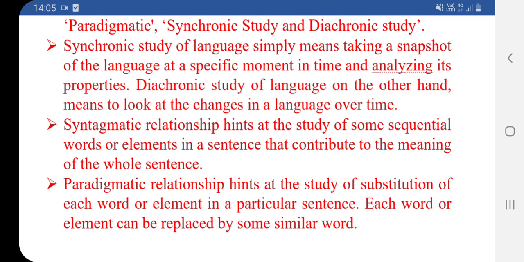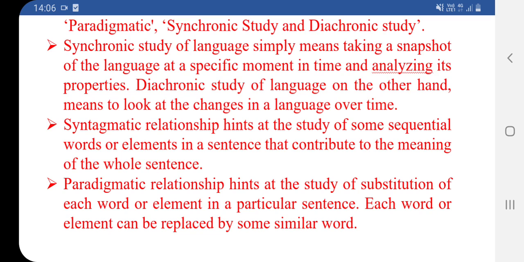Let's take an example of a sentence: I will eat. Now in this sentence the three words I, will and eat form a meaningful sentence, and the relationship that exists between the three words becomes the study of syntagmatic relationship.